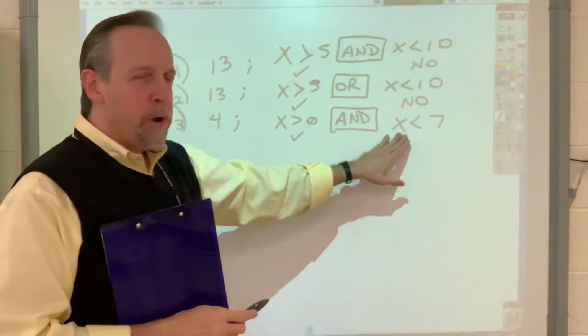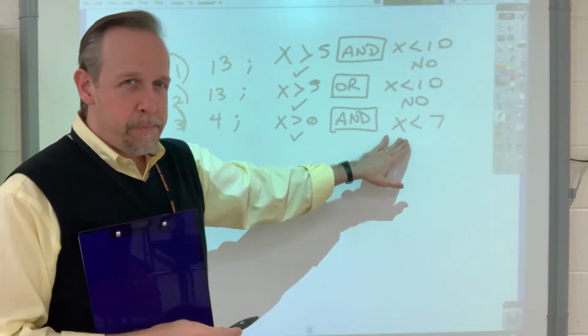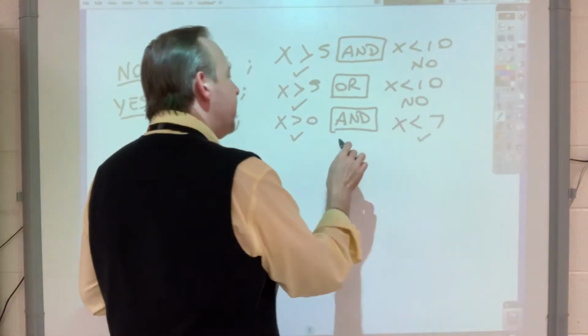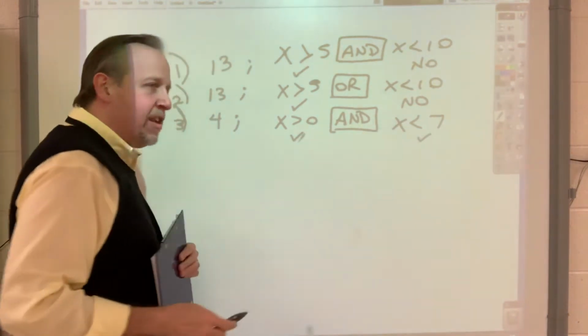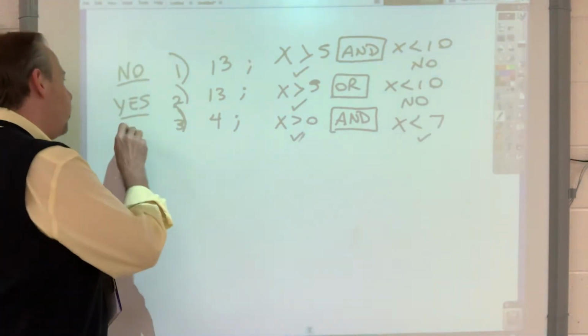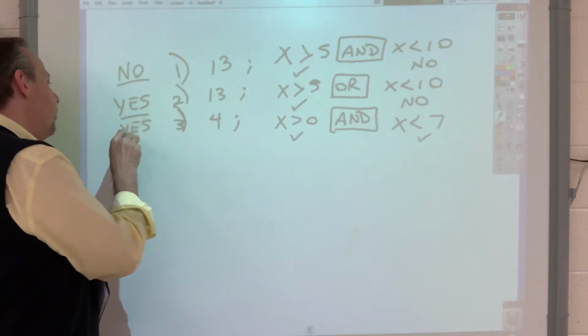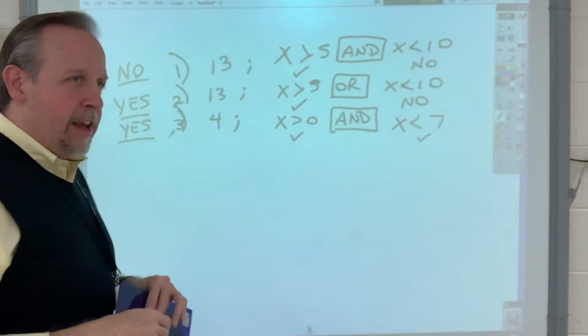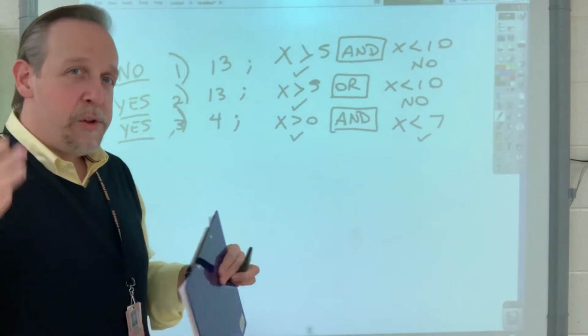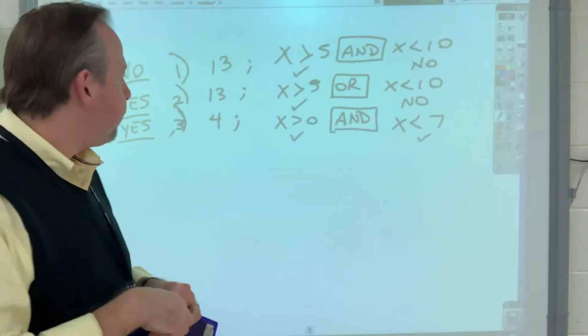Is the number 4 less than 7, though? Yes, it is. Because it is on both of these inequalities, it is a solution to the system of inequalities. Basically, it's, again, the intersection, a compound inequality made up of the two components together.